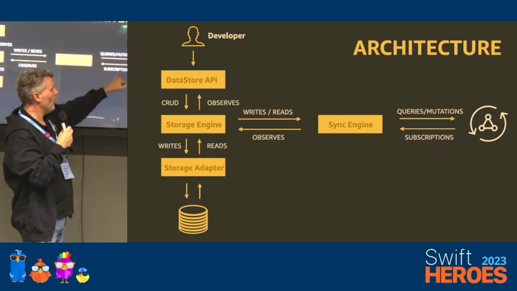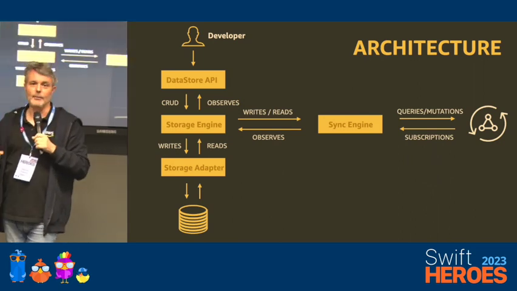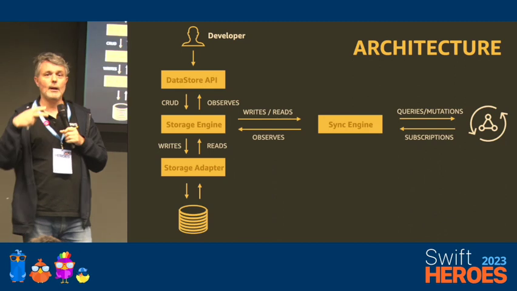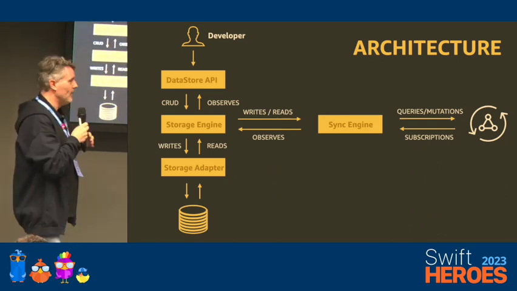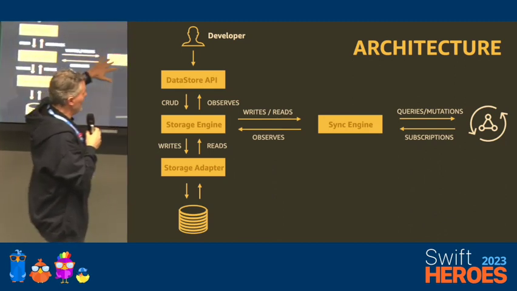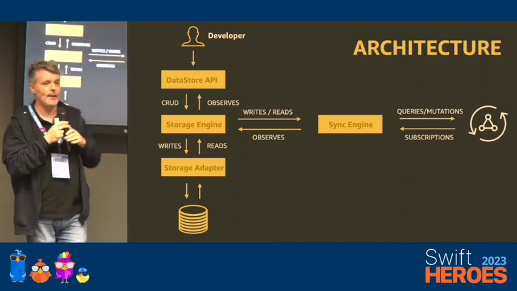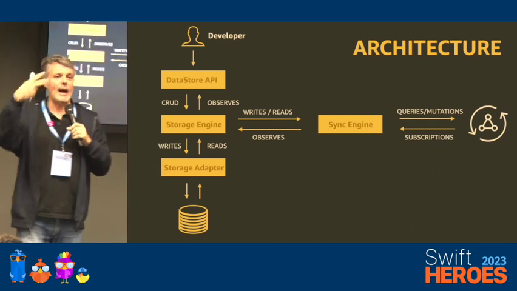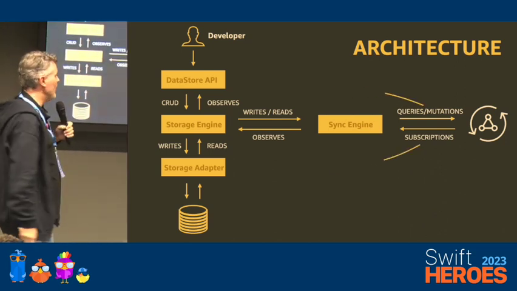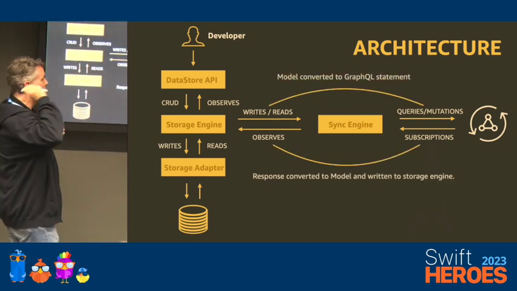The sync engine also subscribes to the AppSync server, the GraphQL server, to listen for changes. It's a WebSocket call that is persistent, that is entirely managed by the library, to listen to changes as they happen on the server side. So you have really two-way communication.